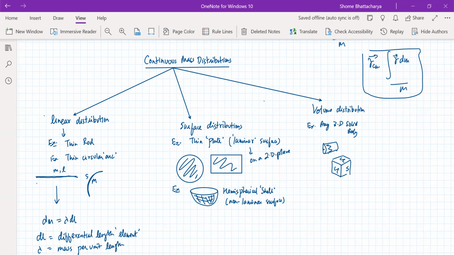When it comes to surface distributions, dm becomes what we call a surface element instead of a linear element. So we write it as sigma dA, where dA is a differential surface area element. And of course, sigma is mass per unit area.